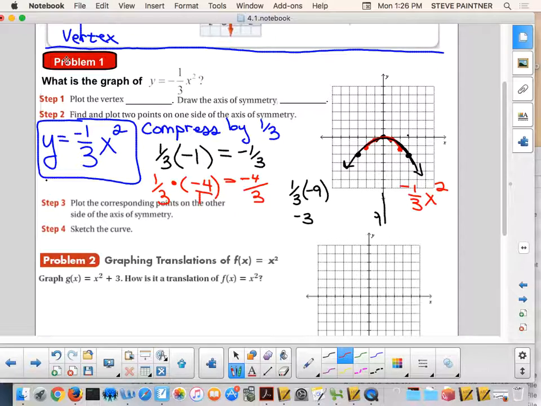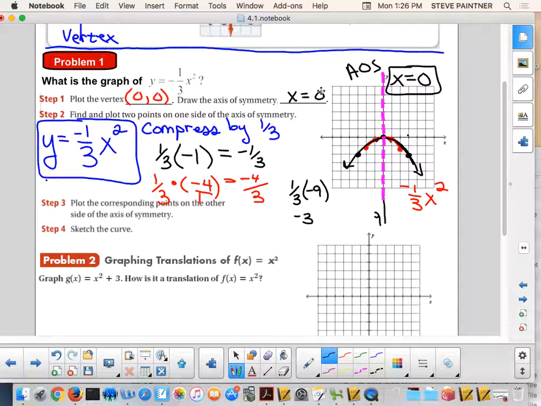Plot the vertex. What was the vertex? Draw the axis of symmetry. If I draw the axis of symmetry, it's right here. What is the axis of symmetry? Axis of symmetry, x equals 0, right?